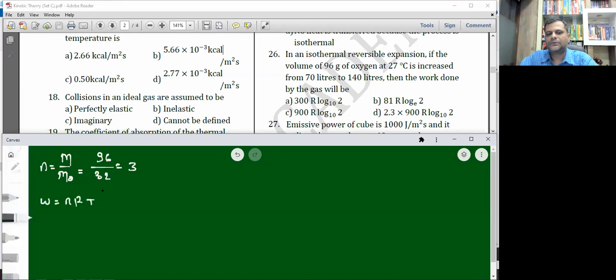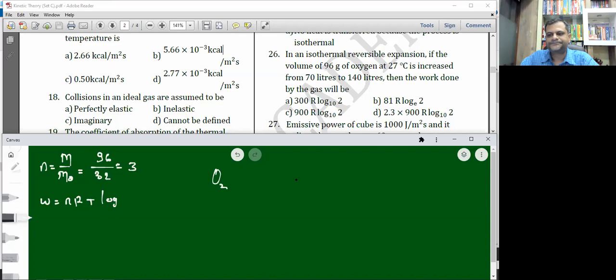nRT into log. Sir. Yes Sir, 2 moles of oxygen. how is it? Sir, molar mass of oxygen is 16, na? Molar mass of oxygen is 32. O2, don't forget, molar mass, not atomic mass.